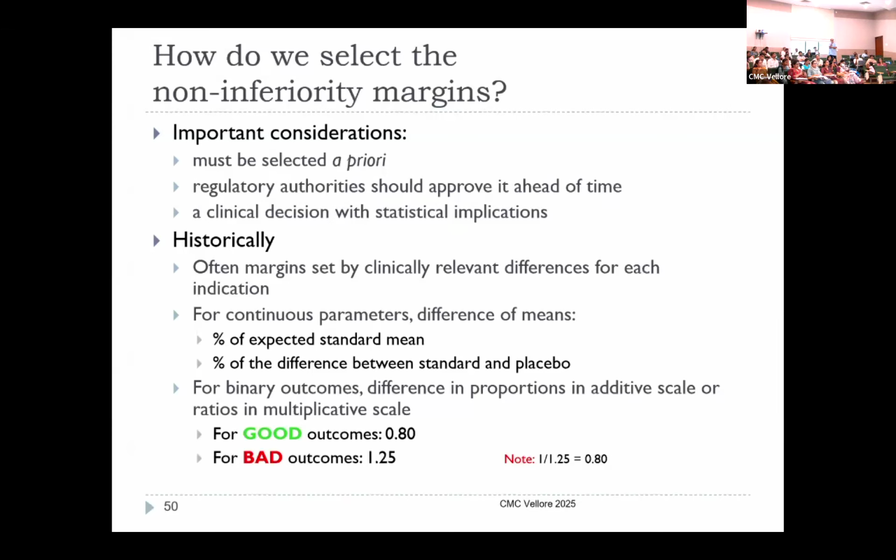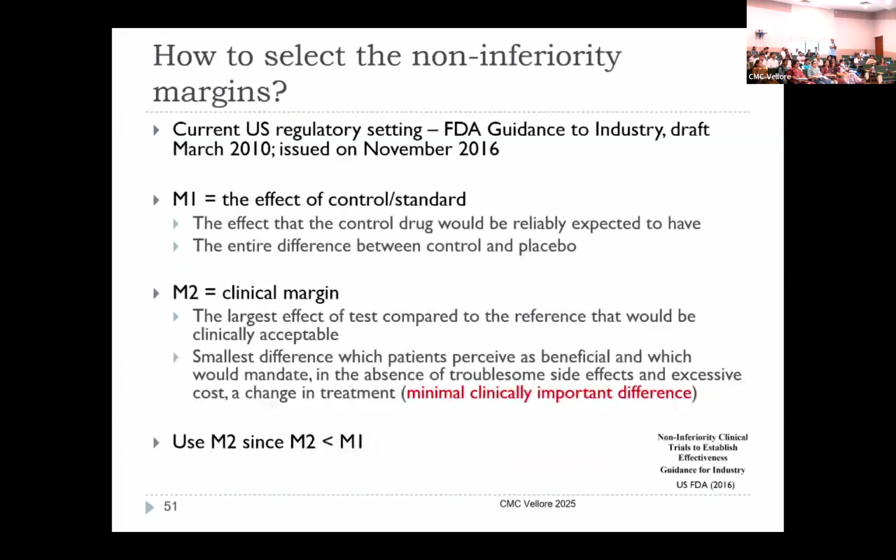And that was sort of a standard that was done. This is before the regulatory agencies came into play. And now the US says, no, there is a guidance. You can download it. It's freely available on the internet.